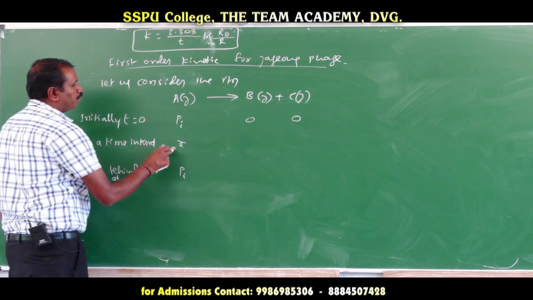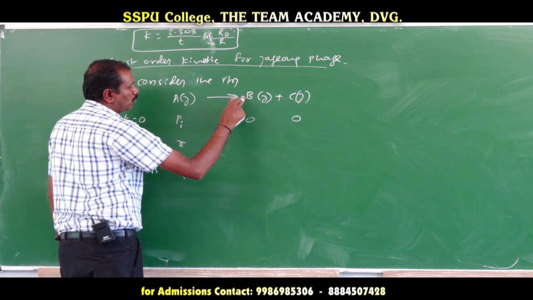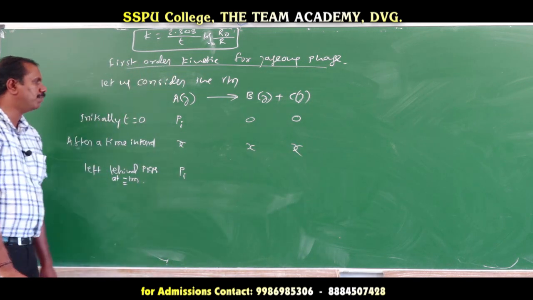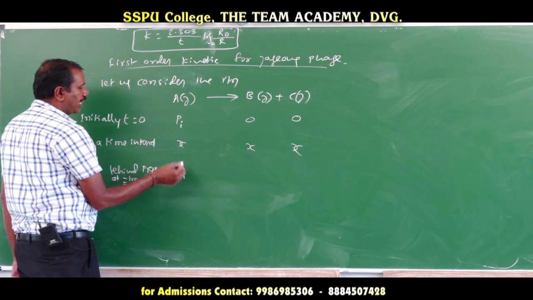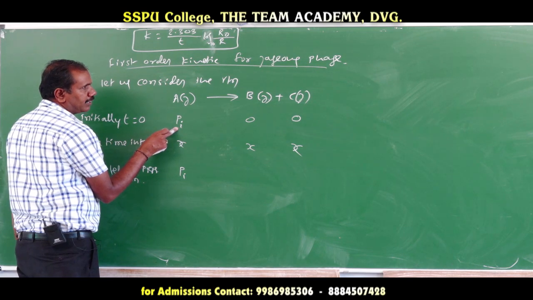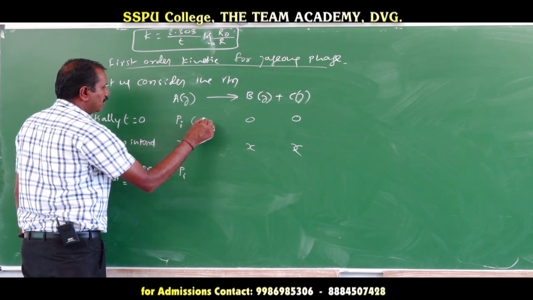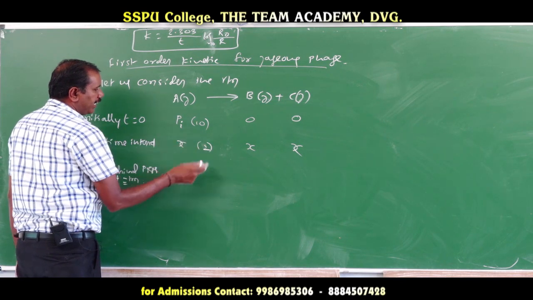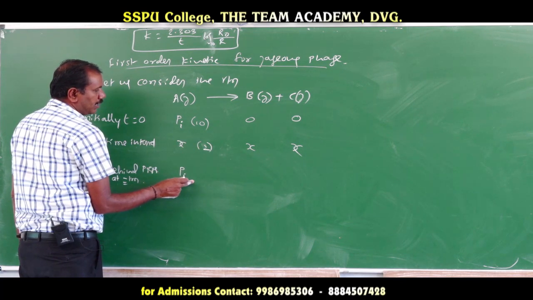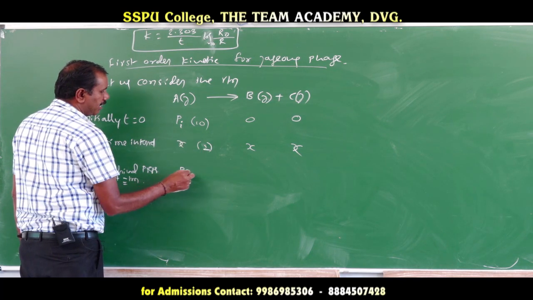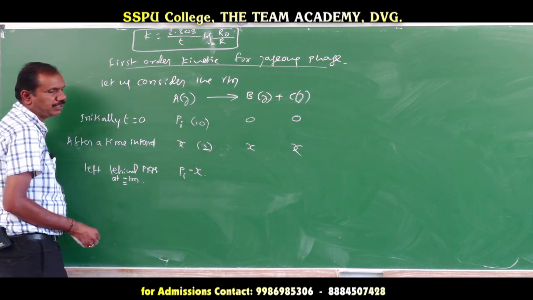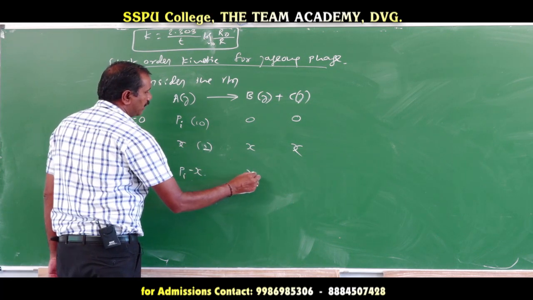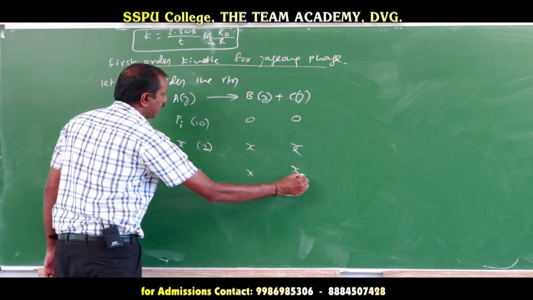If x pressure has reacted, then x pressure of B is formed, and x pressure of C is formed. For example, if the initial pressure is 10 and x is 2 atmospheres, then 10 minus 2 is 8, which is Pi minus x. The product pressure formed is x, x.